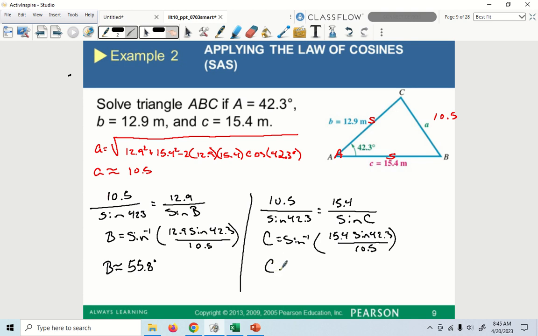All right, and then big C. What do we get for big C? Did you already get it? Well, I just did 180 minus. Oh, you did 180 minus? Yeah. Okay. So I got 80.8.